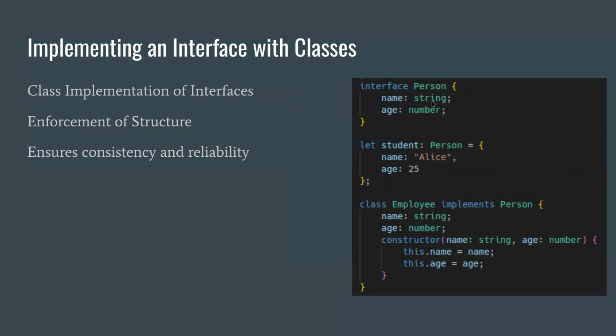We've seen this in previous slides. And we have an Employee class that implements the Person interface. So when a class implements an interface, it must follow the contract defined by the interface, ensuring consistency across instances.